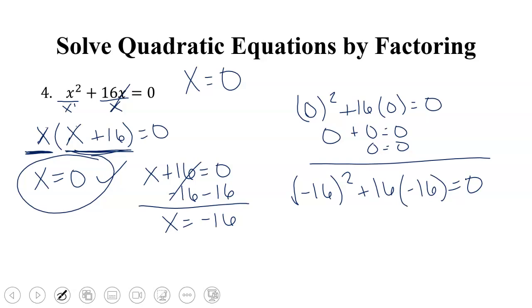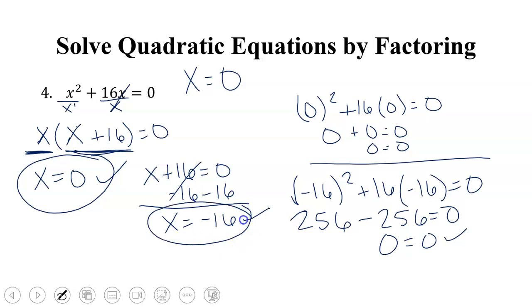So negative 16 times negative 16 is 256. And then 16 times negative 16 is negative 256. So negative 16 also works. So it's 2 solutions.